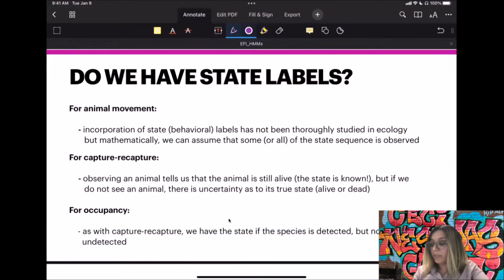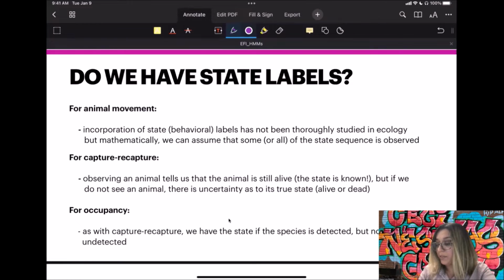For animal movement, incorporation of state behavior labels has not necessarily been thoroughly studied in a mathematical sense of what we gain if we actually see the animals foraging and we label part of the time series as foraging. But it is possible to assume that some or all of the state sequences are observed. So if you know the states, for part of the time series at least, there are ways to incorporate that information.